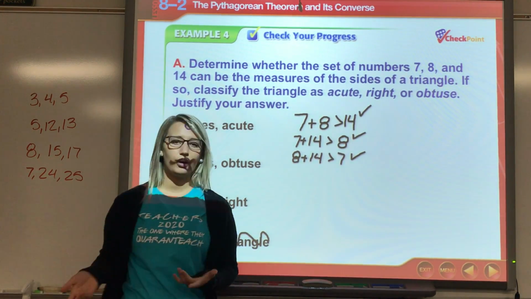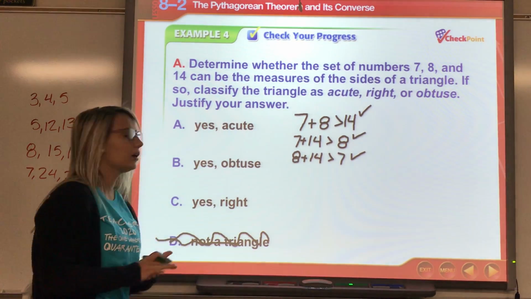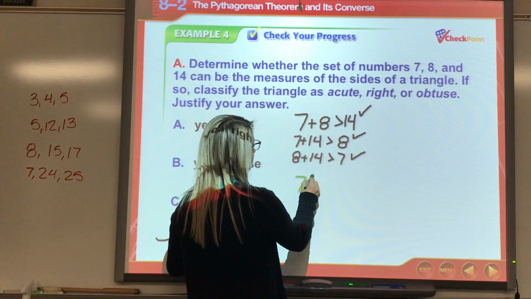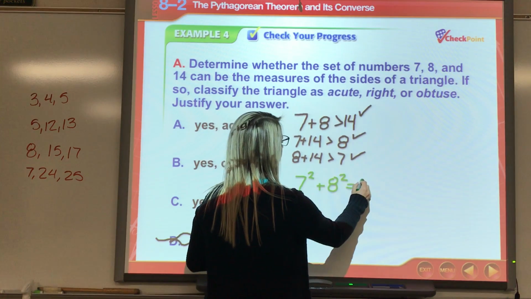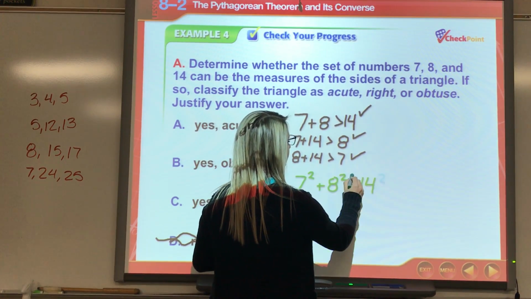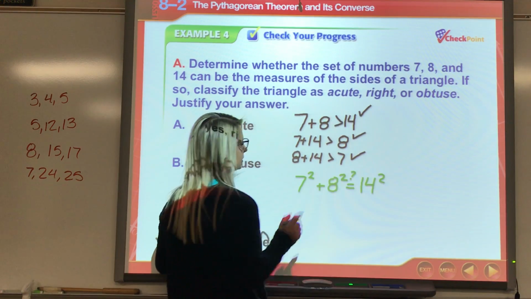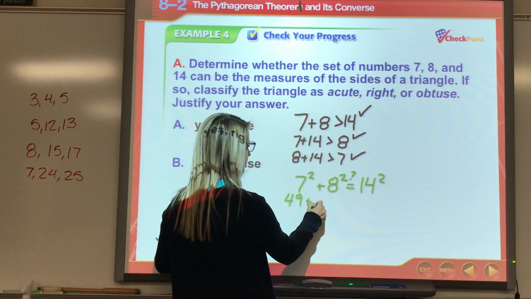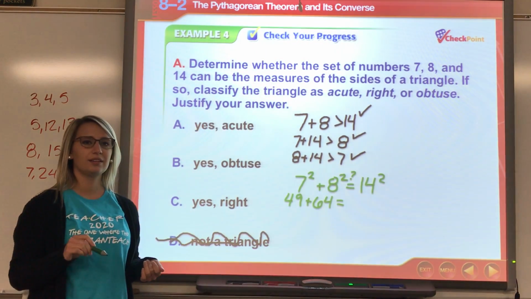Okay, and now we go ahead and plug it into the Pythagorean theorem to see if they're equal, less than, or greater than. So we have 7 squared plus 8 squared equals 14 squared. And I'm going to put a little question mark next to my equal sign. So here I get 49 plus 64 equals 14 squared.